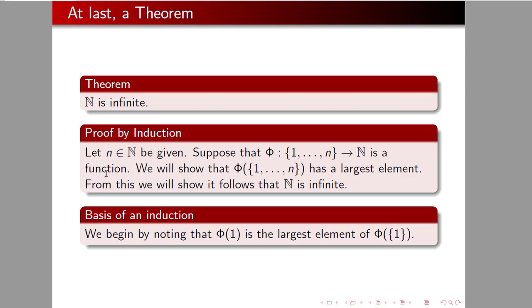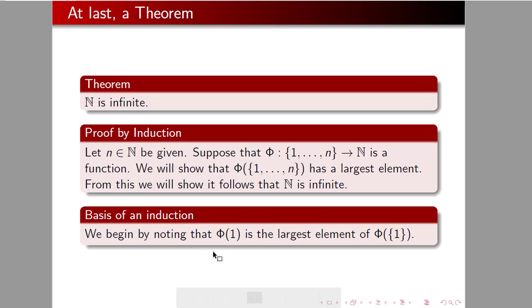So what we're going to do is to show that whenever we have a function phi from 1, 2, 3 up to n into the natural numbers, then the image of that function will have a largest element, and from that we will show it follows that the natural numbers is not finite. Okay, so it's an induction.